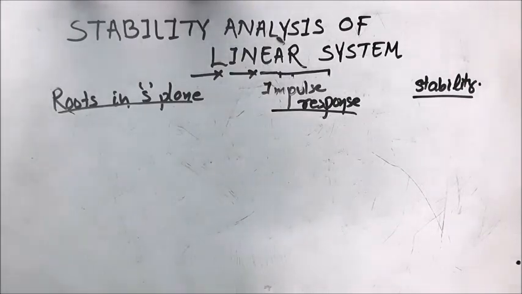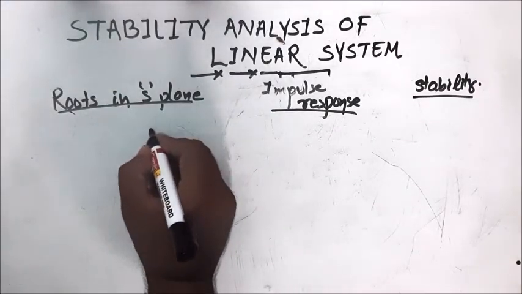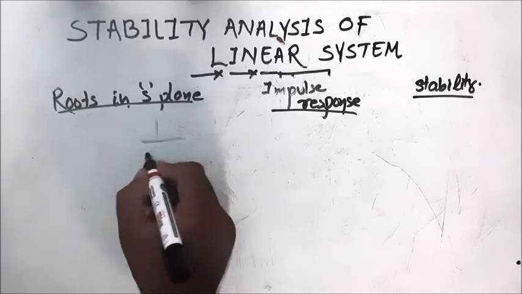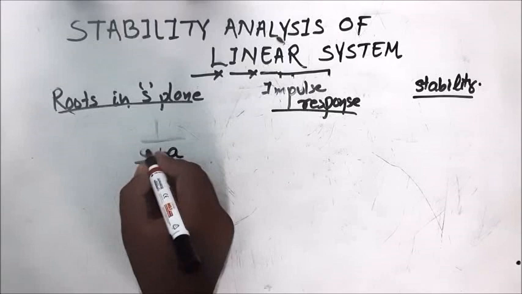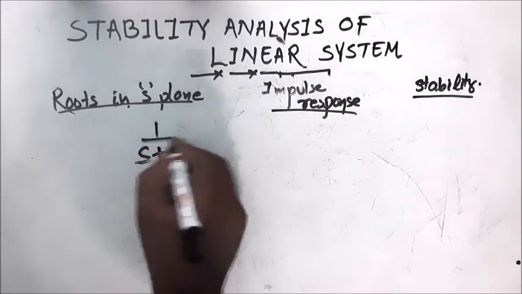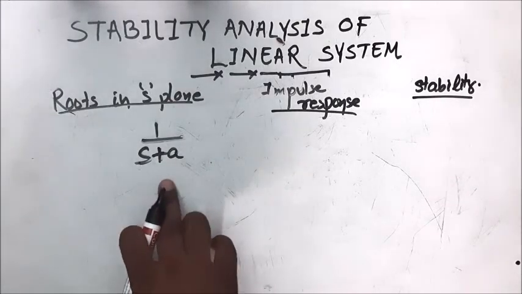From the transfer function, we can find the poles and the impulse response, and after that we can see whether the system is stable or unstable. So let the transfer function be 1 by s plus a.